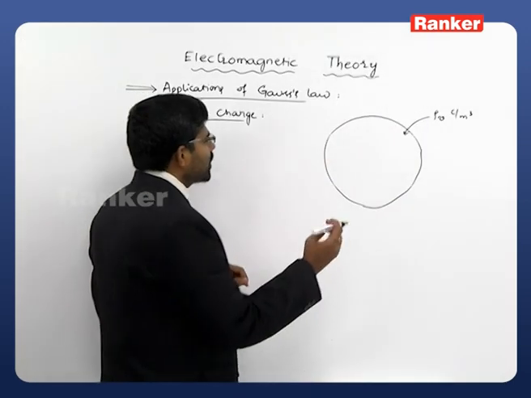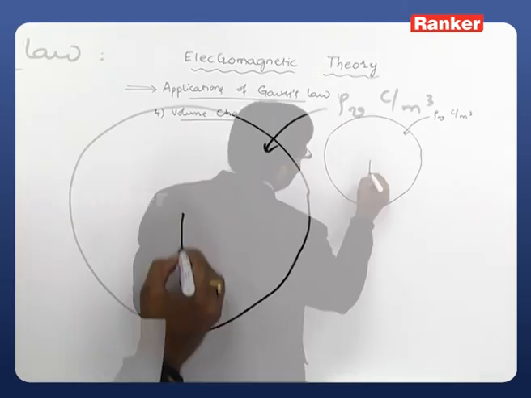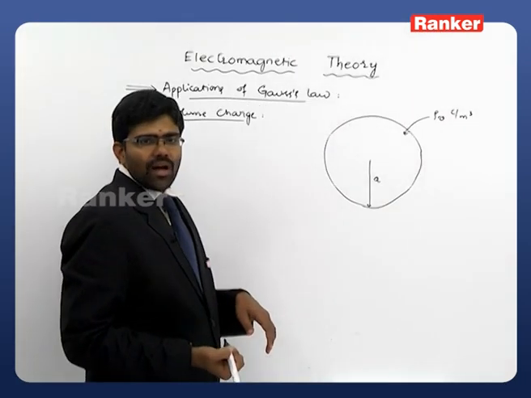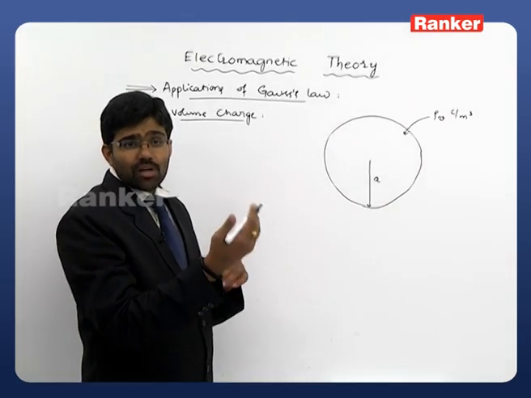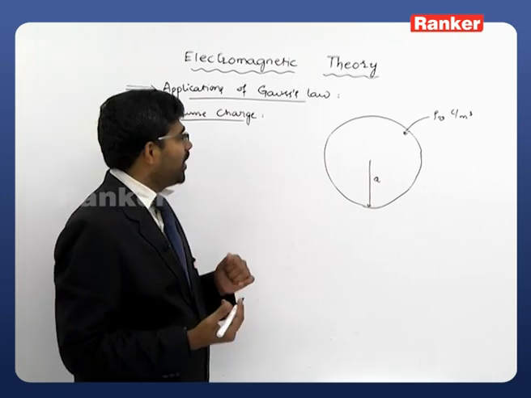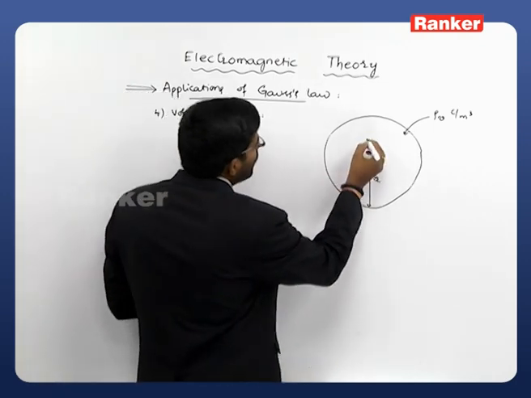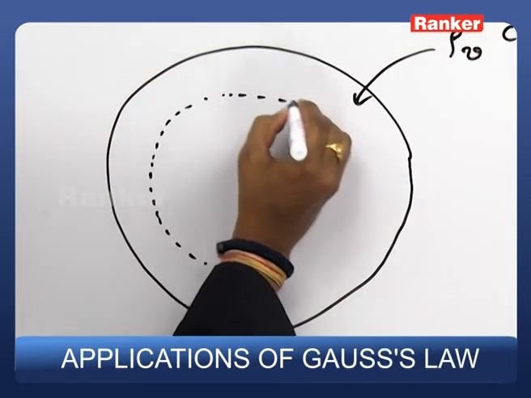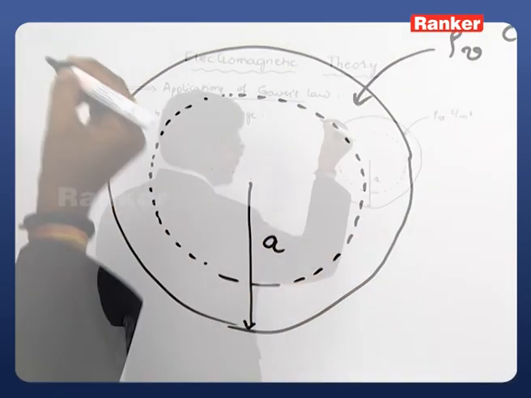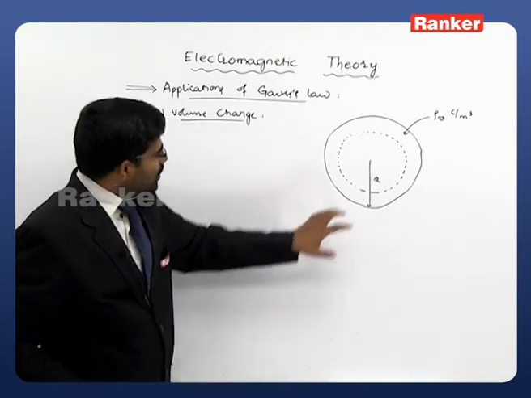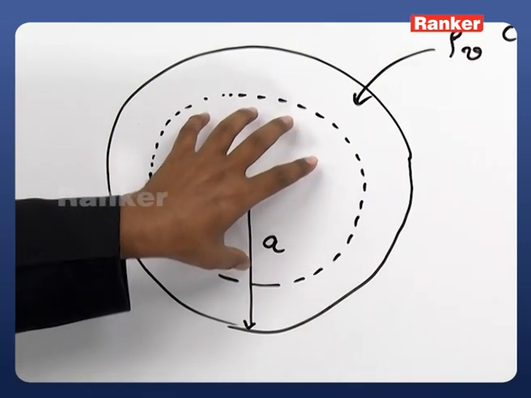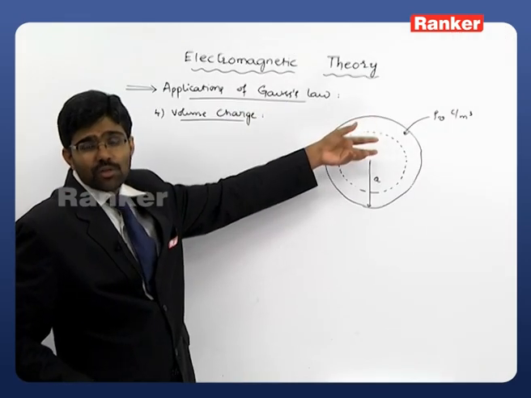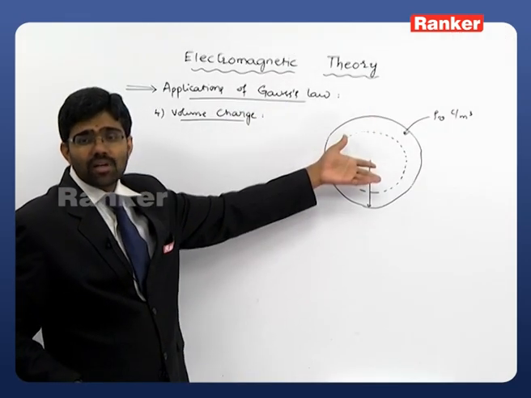For our convenience, let us take the radius of our spherical shell as A, and at different locations we are once again observing our electric field intensity. In case 1, let us take the electric field intensity inside the sphere we considered. Since inside our original charge, the Gaussian surface we are forming is also inside that particular charge.